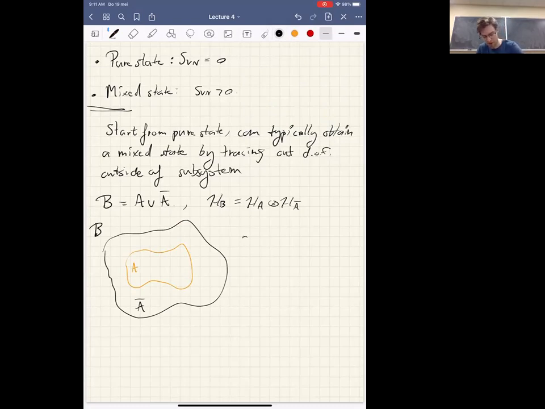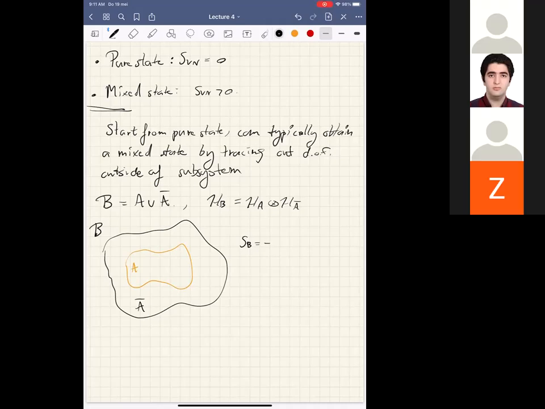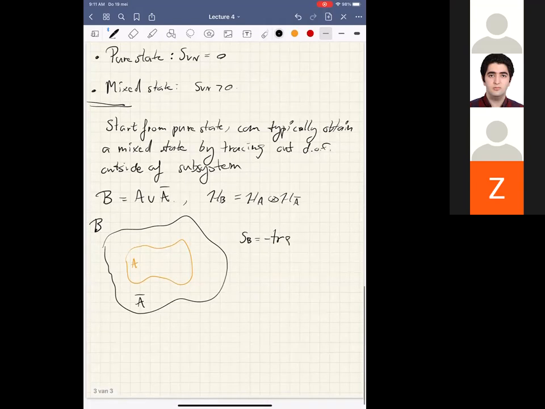If that's in a pure state, then if we write down the density matrix associated with the system B and compute its von Neumann entropy, that should be 0 by definition of a pure state.